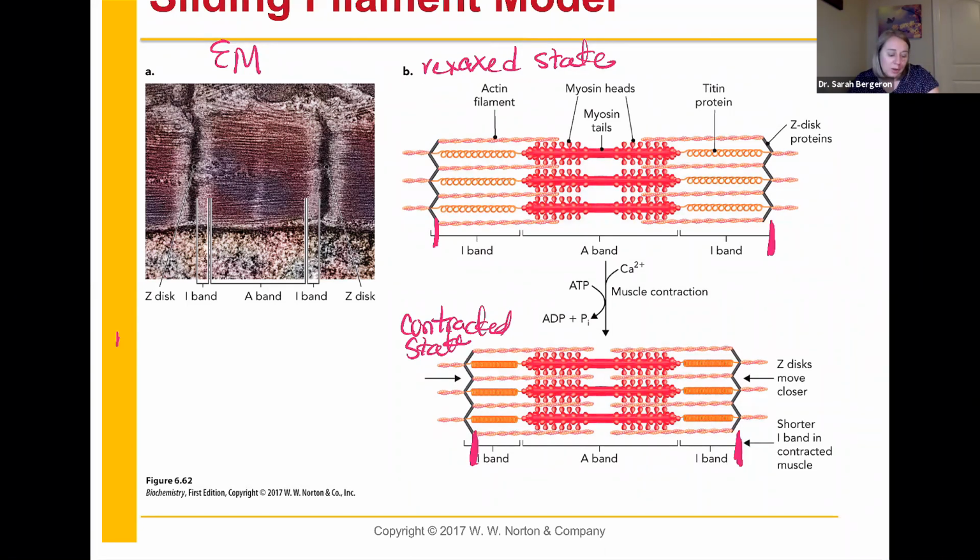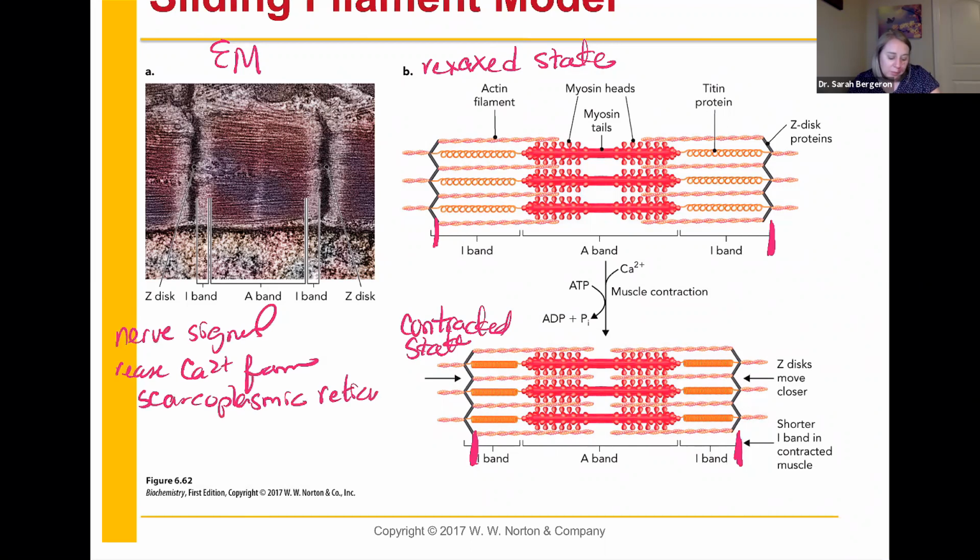So you get a nerve signal, and then you release calcium from, y'all have heard this before, the sarcoplasmic reticulum. The sarcoplasmic reticulum has lots and lots of calcium, and so it's going to basically dump calcium into the cytoplasm.